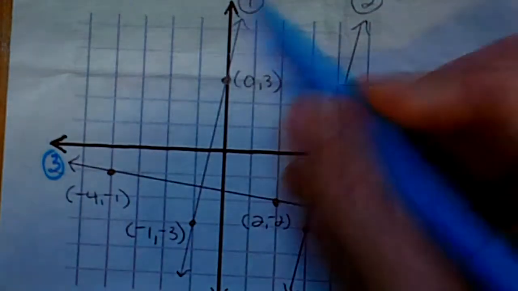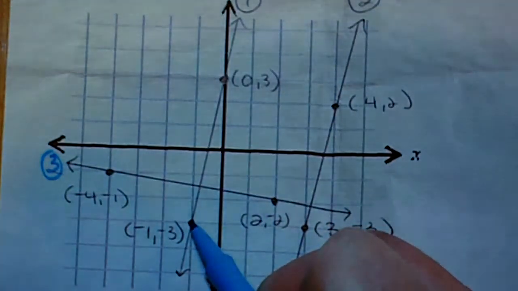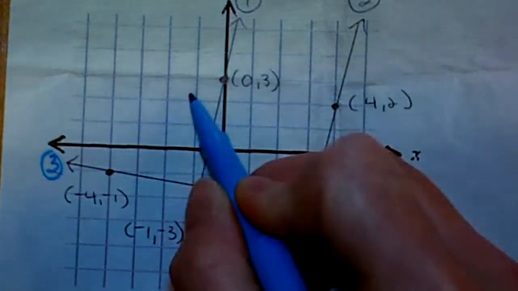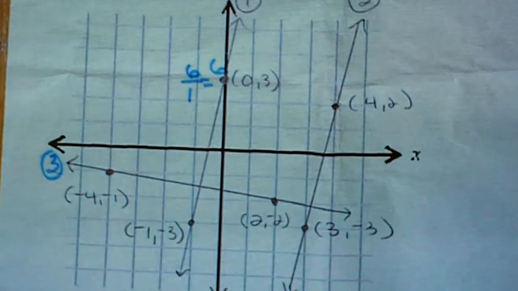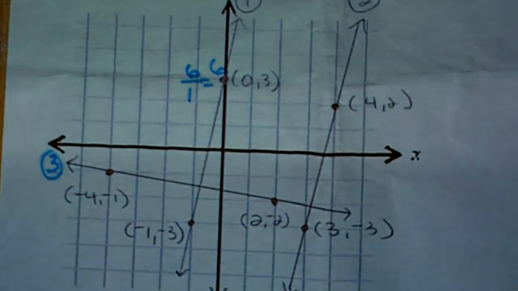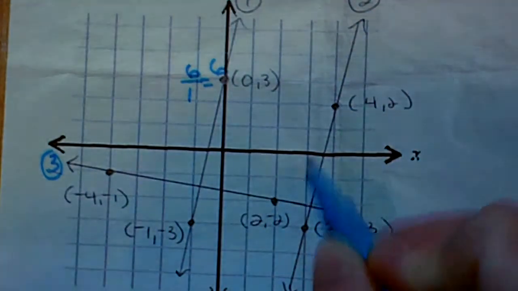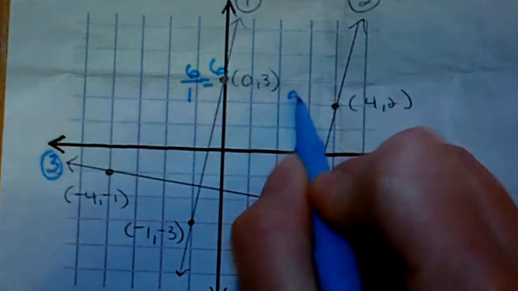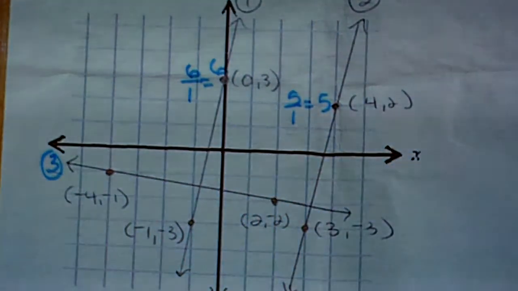So take a look. Let's find the slope of line number 1 first. I'm going to start down here, and we'd have to go up 1, 2, 3, 4, 5, 6, and right 1. So the slope of 1 is 6. And the slope of line 2, to get from point to point, I go up 1, 2, 3, 4, 5, and right 1. That means the slope of line 2 is 5.